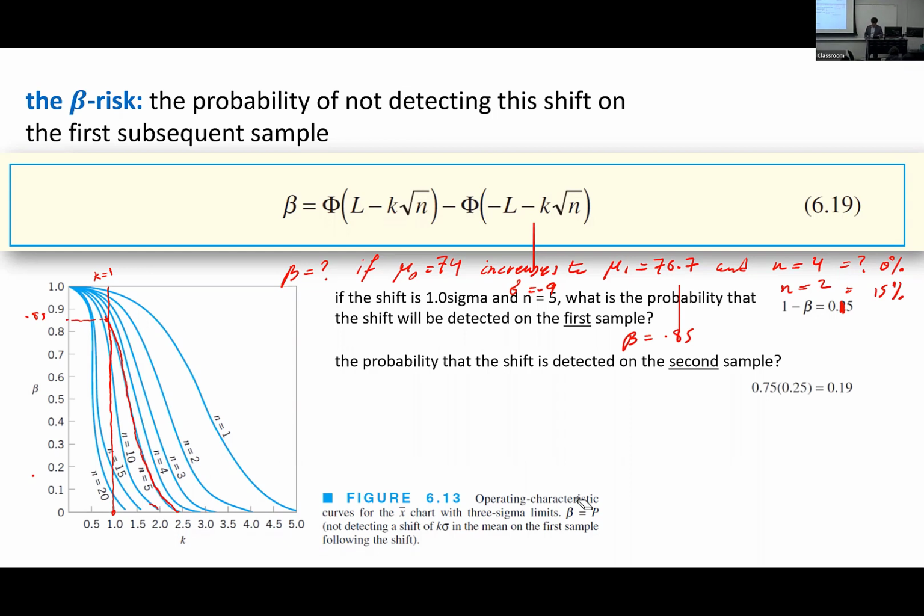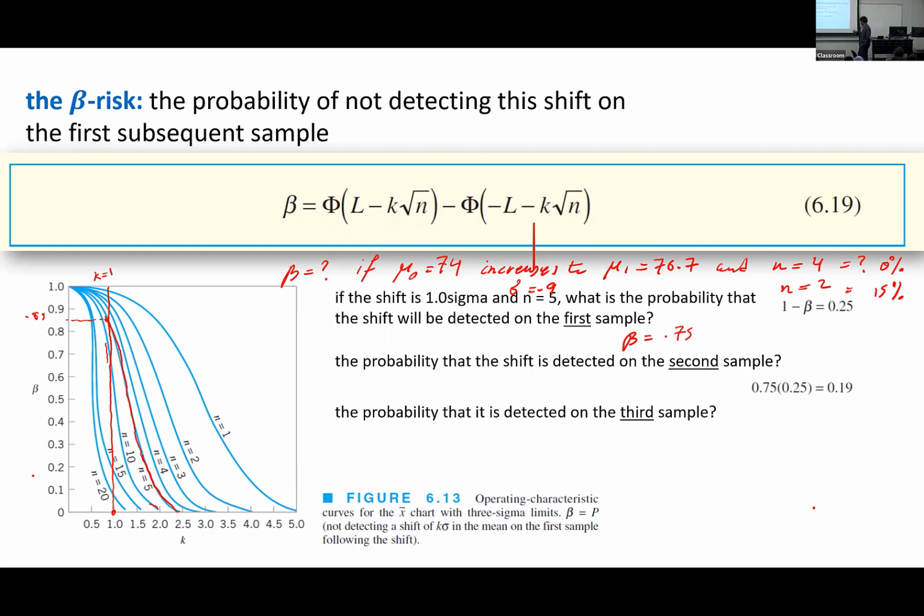So here I'm assuming that beta is 75, although it's 85. First it's basically beta, not detecting, times 1 minus beta, detecting. That's 19%. What's the probability that it is detected on the third sample?